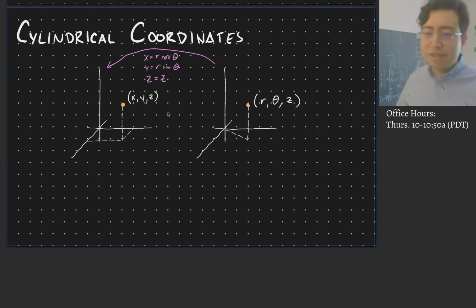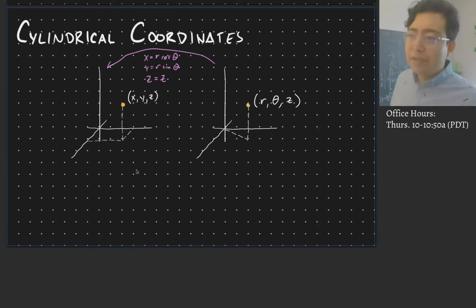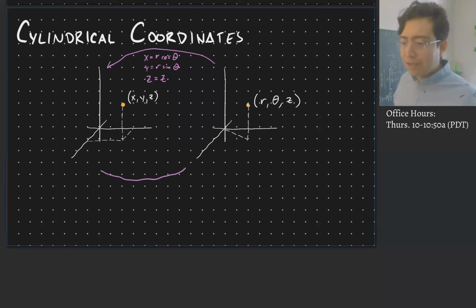Z is the same in both of these coordinate systems. Like I said, cylindrical coordinates is basically you take your polar coordinate system on the XY plane and you just tack on the Z component. So the conversions are basically exactly the same, except Z doesn't do anything.